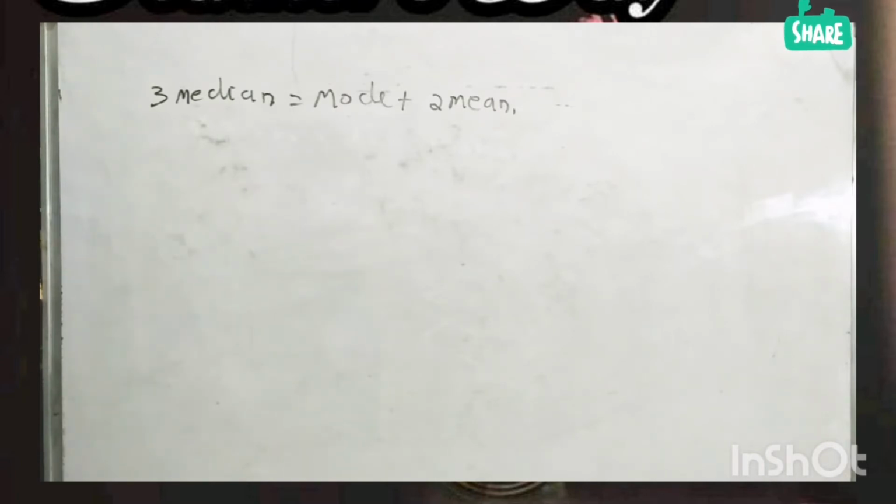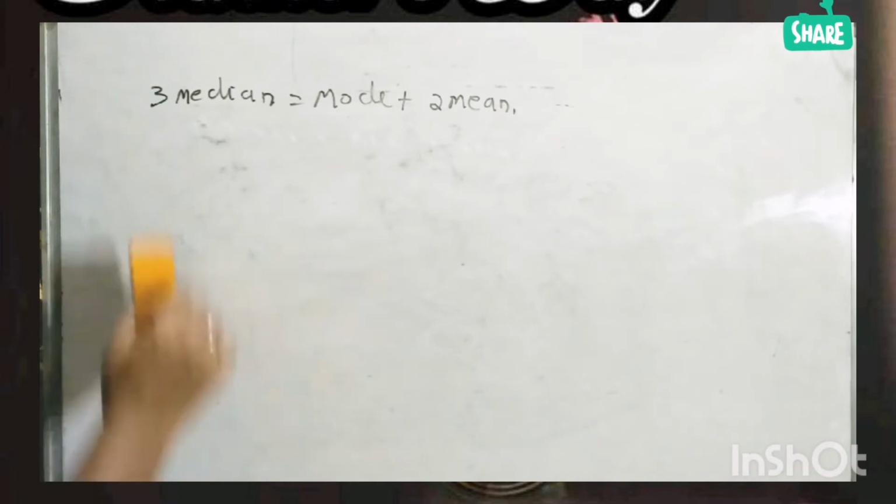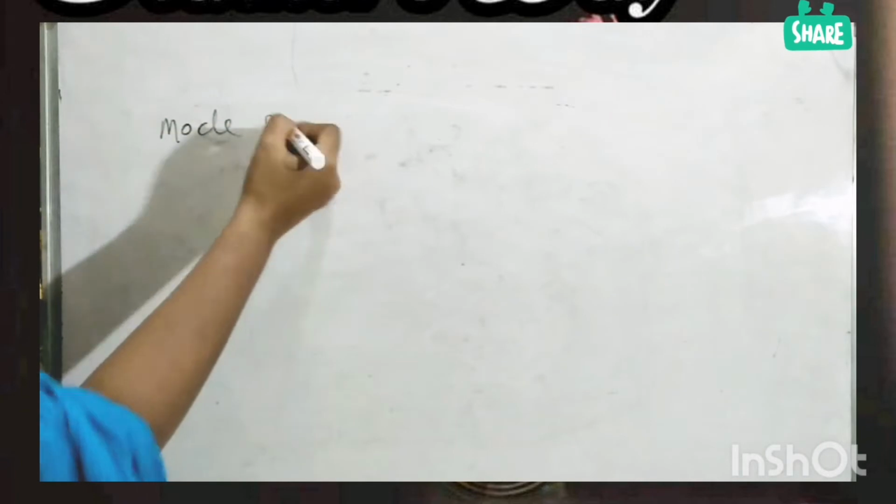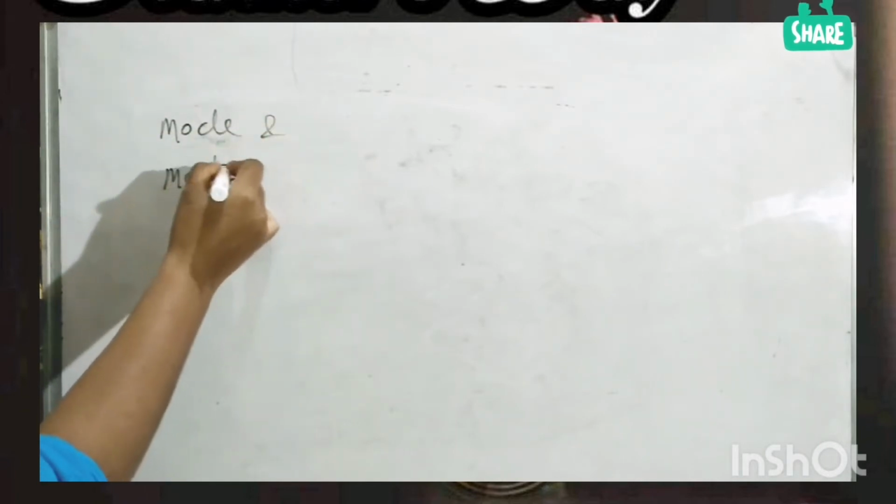Very important relationship. And in the case of median and mode, our distribution should be continuous. That means our information will be given in interval form.